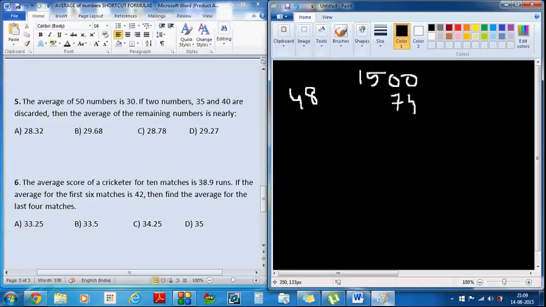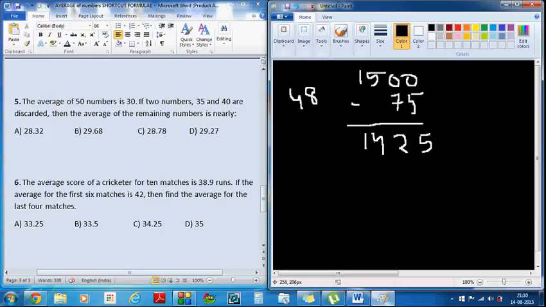From the total sum, I will discard the two numbers 35 and 40. So 35 plus 40 will be 75. Discarding means I will subtract, so it will be 1425.